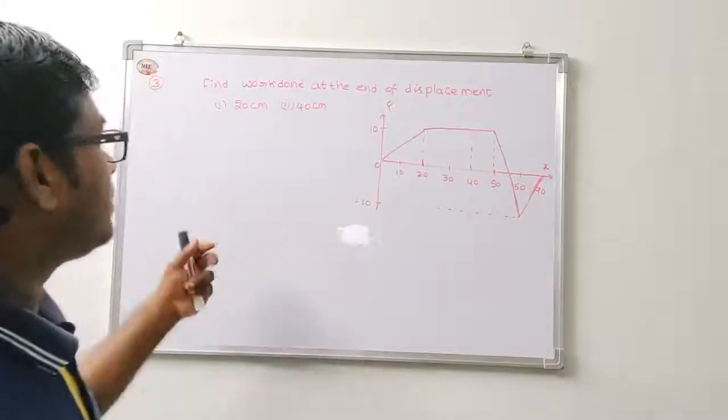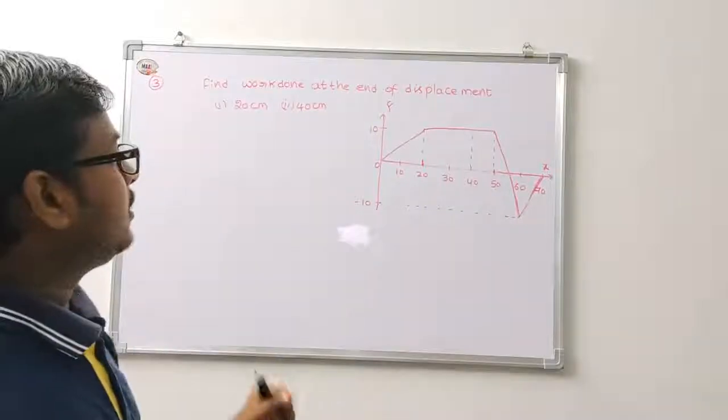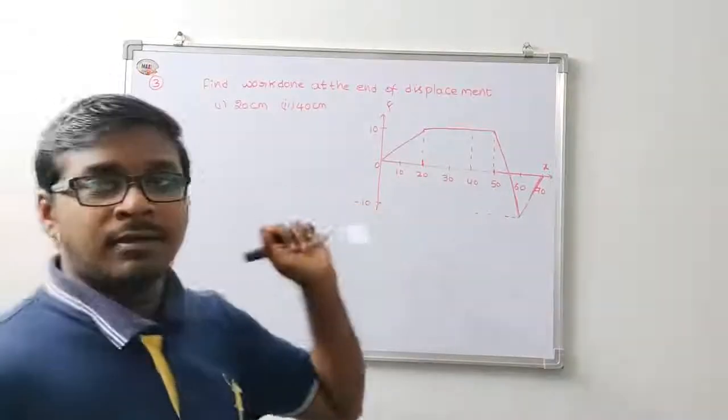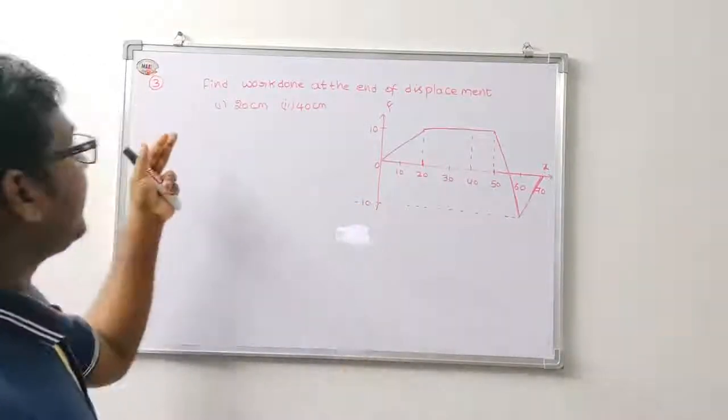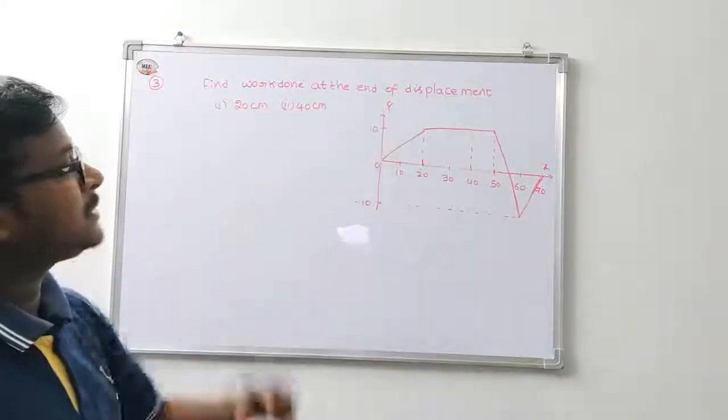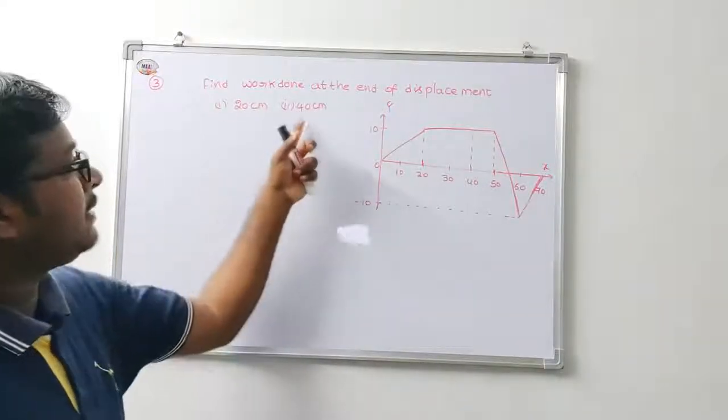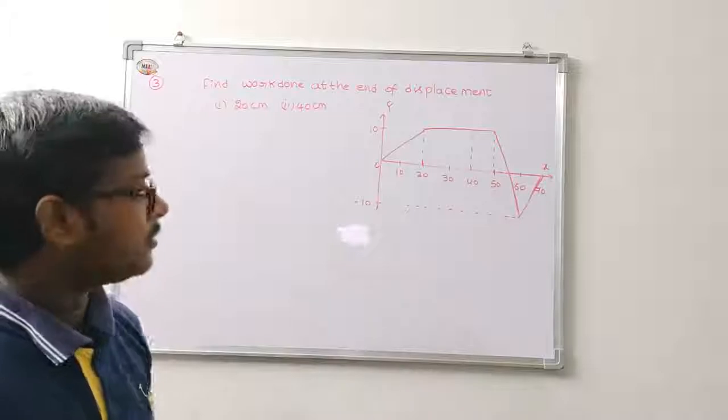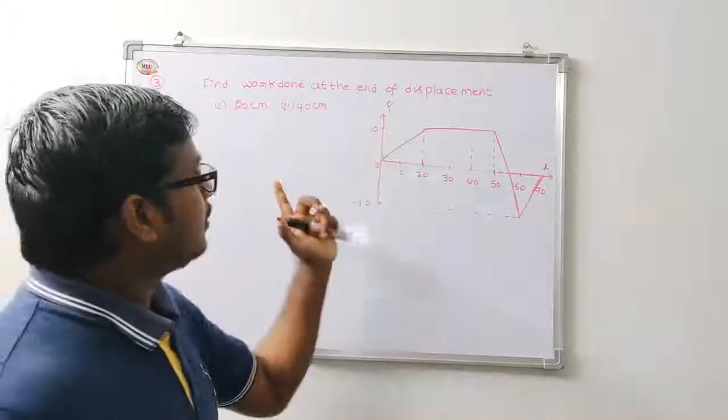Now the third problem, students, is a very important problem for NEET, main and advanced level students. Find the work done at the end of displacement 20 centimeter and 40 centimeter.